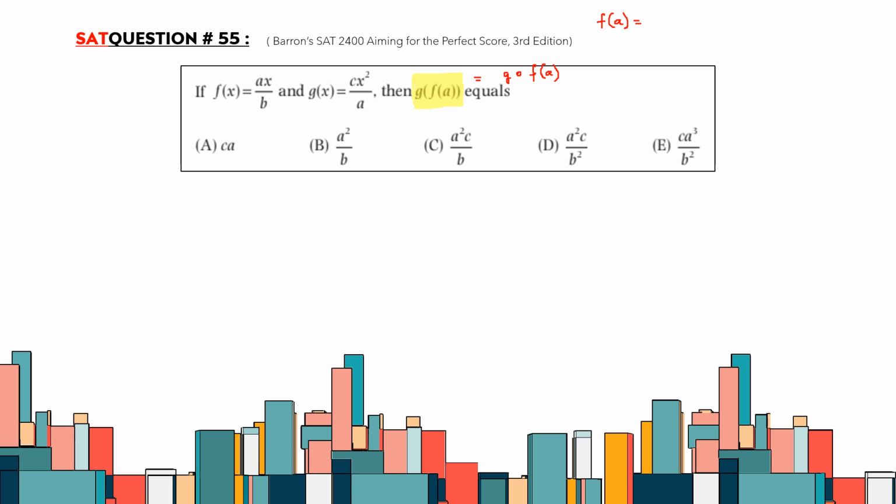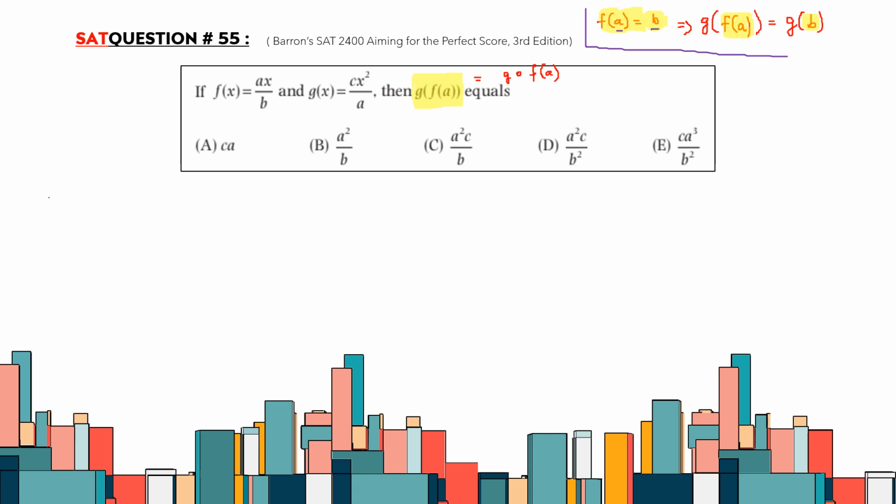Let's say it equals b, then g of f of a equals g of b, because f of a equals b. This one is just an example. It's not the a and b we use in this question. So let's do it.